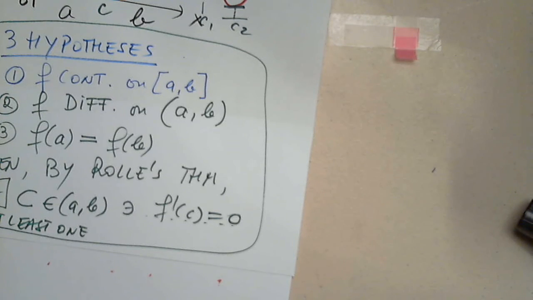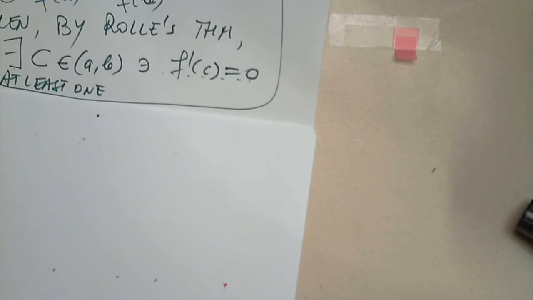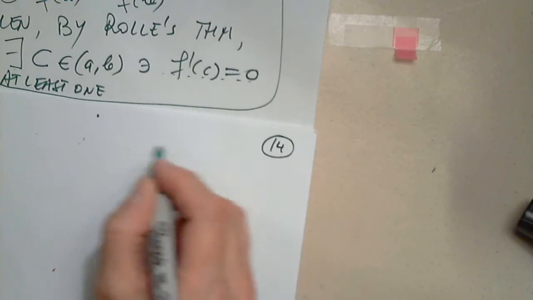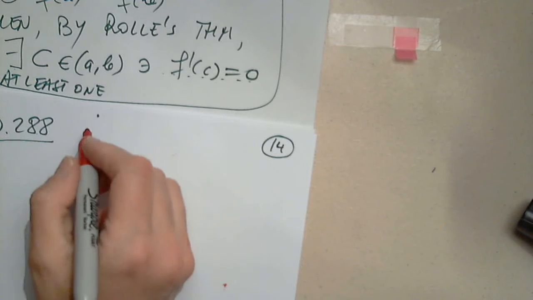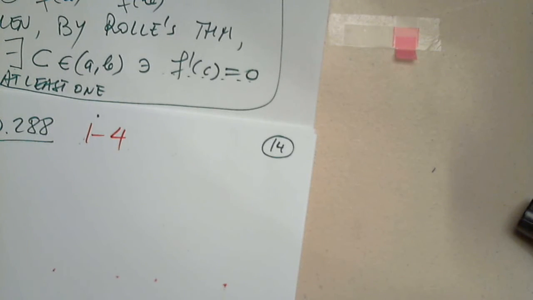On page 288. One, two, three, or 4. You choose. Or I will. One, two, three.